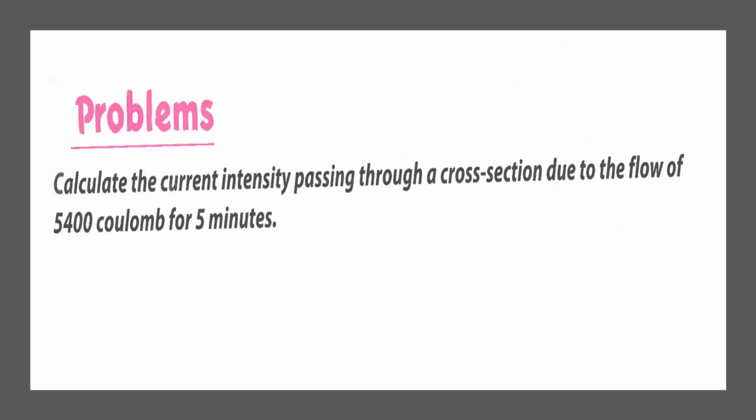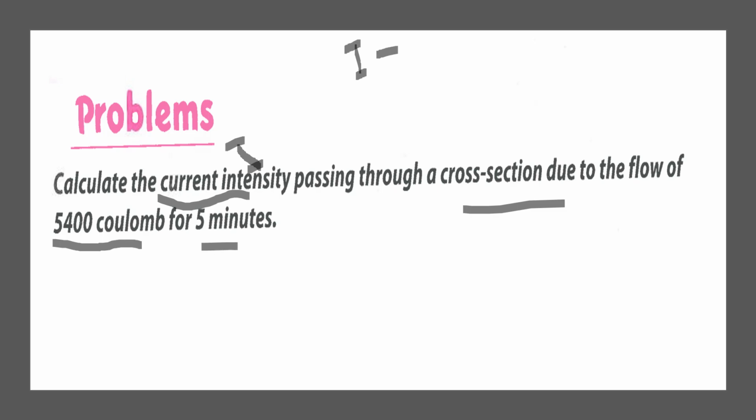Now, my dear students, let's answer this question. Let's read the question. Calculate the current intensity I passing through a cross section due to the flow of a quantity of charges of 5,400 coulomb in 5 minutes.